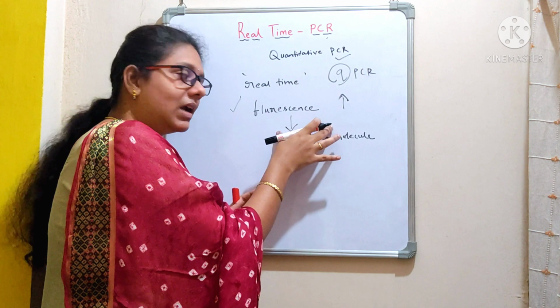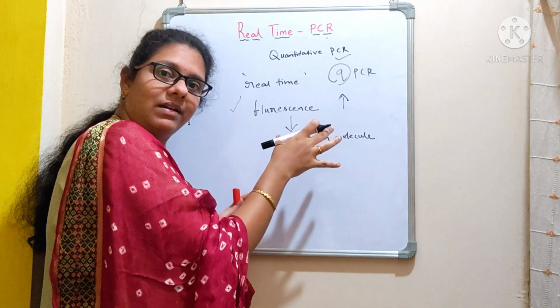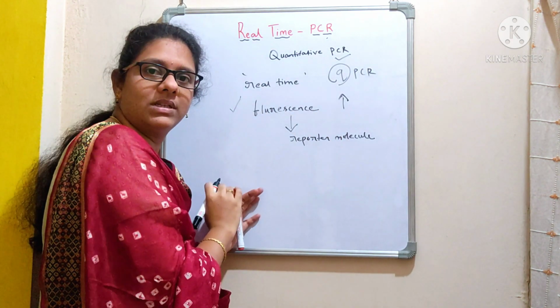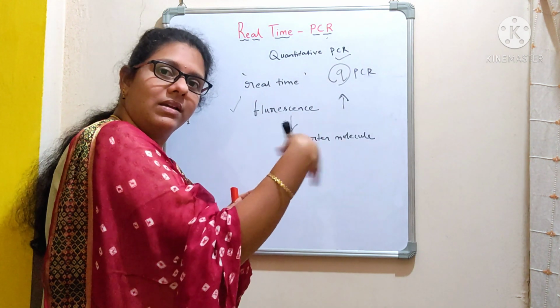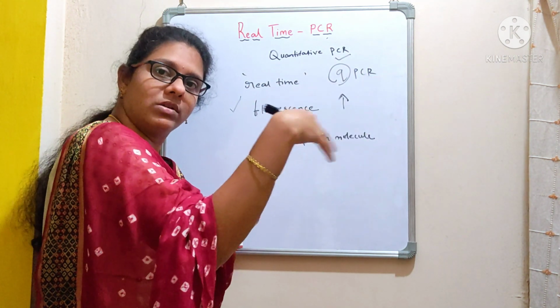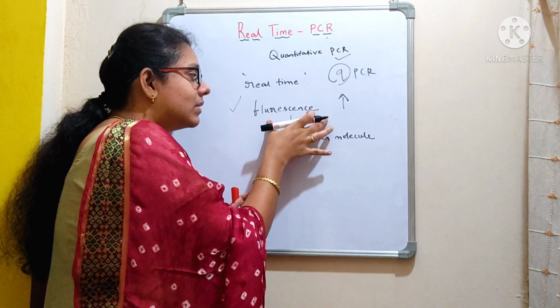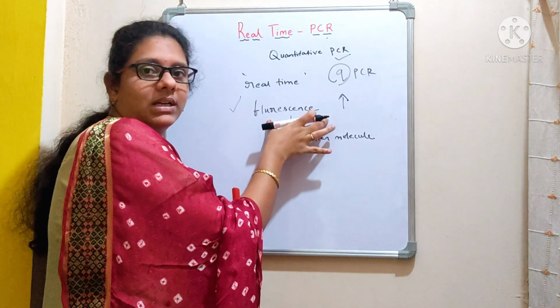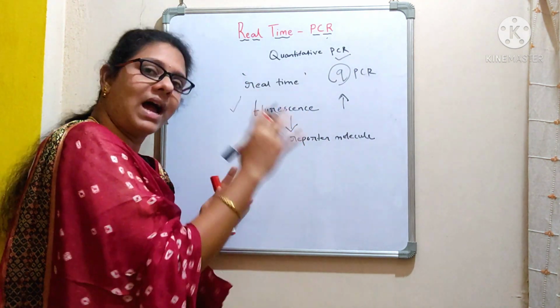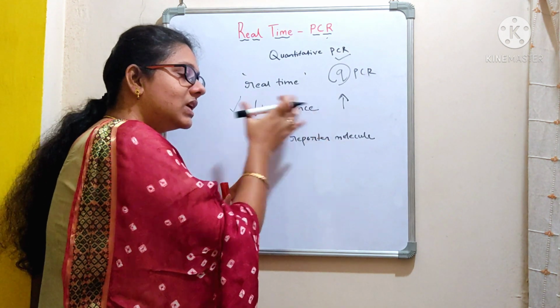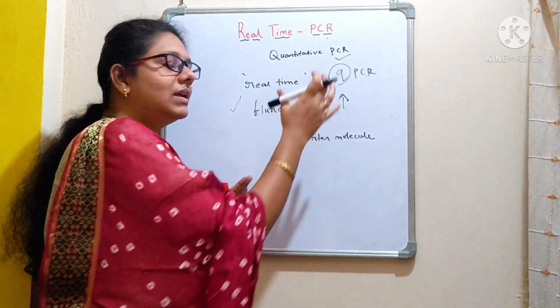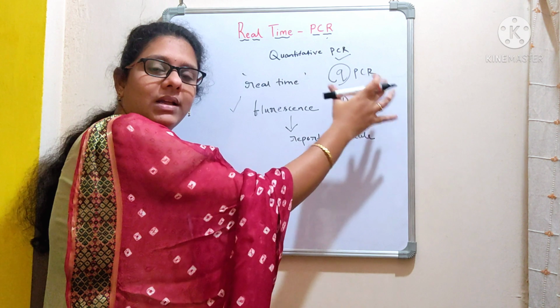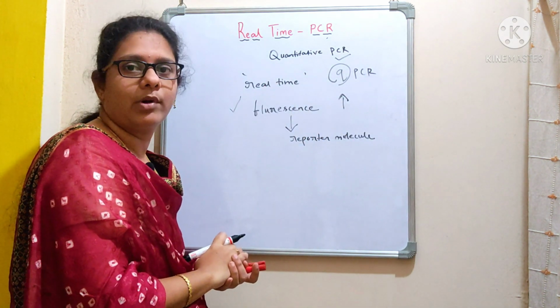So we are saying that we are going to detect that reaction with the help of fluorescence. Whenever this reaction proceeds, that means in the process of amplifying the gene, the fluorescence will also increase. And based on that increase in fluorescence, we can easily quantify the amount of PCR product that is formed at the end of the process.